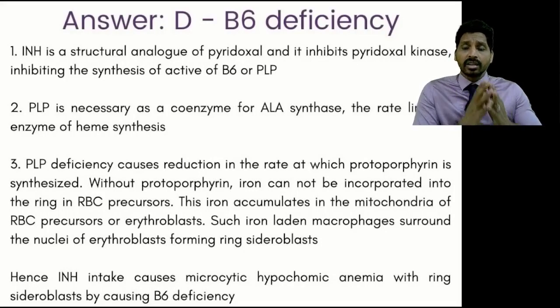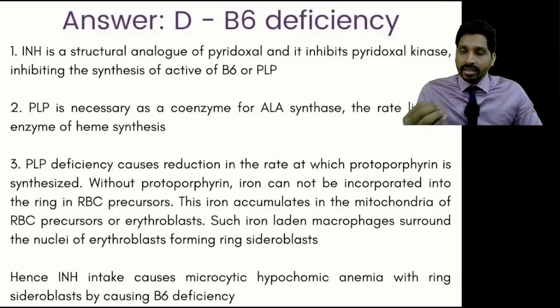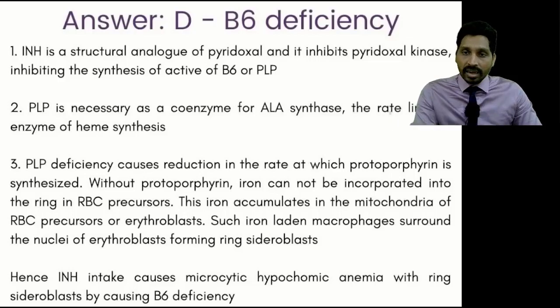And what might be the reason? Here we have noted that the person is under treatment for tuberculosis. So the anti-tuberculosis drug, isoniazid, a hydrazine, is a structural analog of pyridoxal, which is going to inhibit pyridoxal kinase, the key enzyme which converts pyridoxal to pyridoxal phosphate. Yes, remember, any B complex vitamin you take, they do have superactive forms, I mean coenzyme forms.